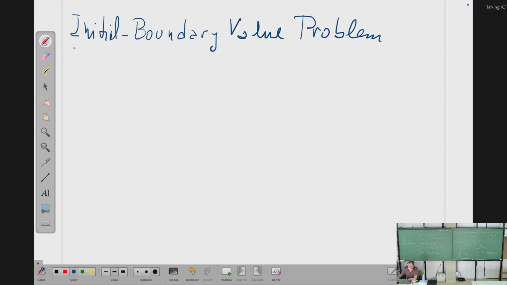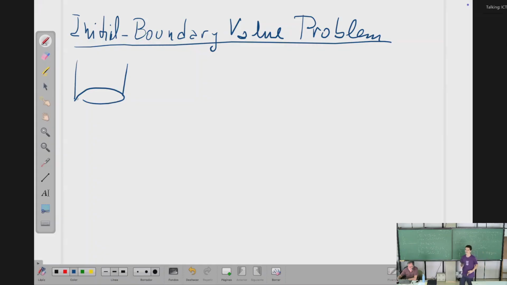So now we abandon the idea of periodic boundary conditions, and instead of treating this case, we want to treat this case. So we have a region, and we want to put some conditions here, if needed. So we want to solve here, okay?